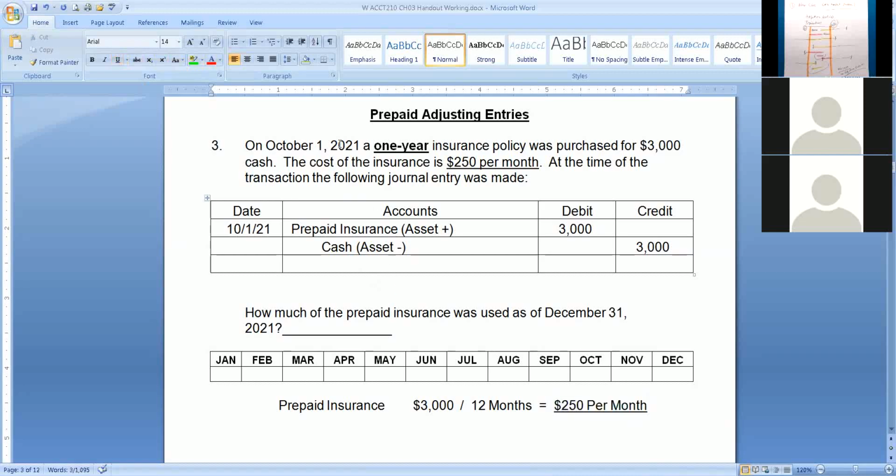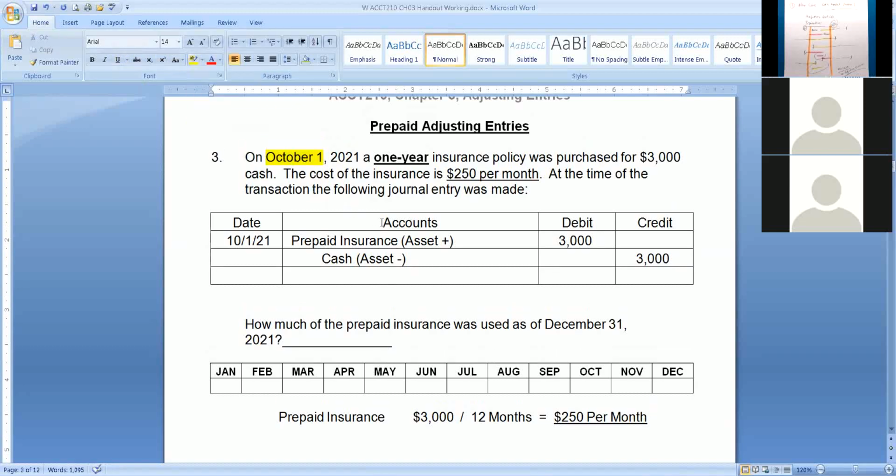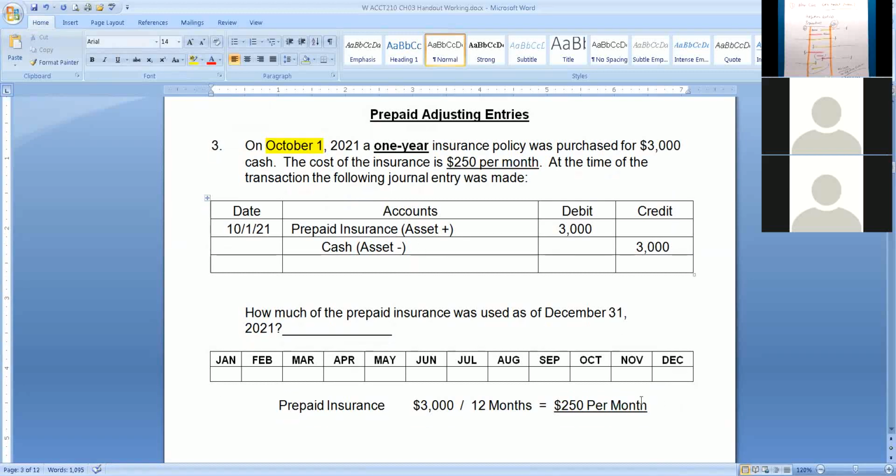Okay, now here's the tricky part, though. It was purchased on October 1st. Now notice it's filled in down here. So the question is, how many months worth is used up? Or how many months did we have this insurance policy so far? 3.